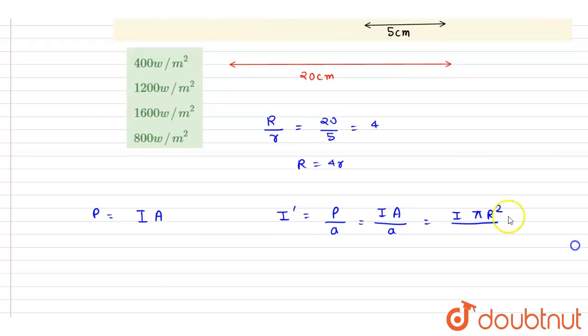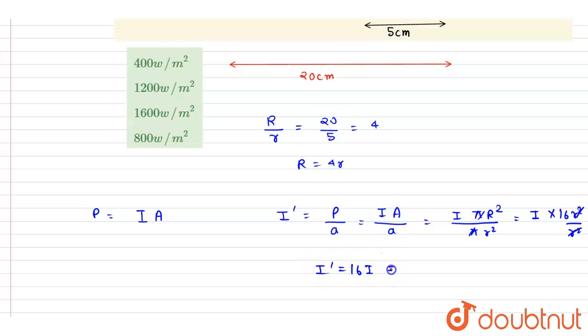So we are just writing this, right? So it will be this. So just put the value of capital R, it is 16 r square. R square and r square will get cancelled out. So 16I will be the intensity now.